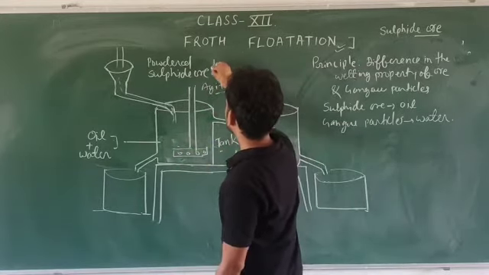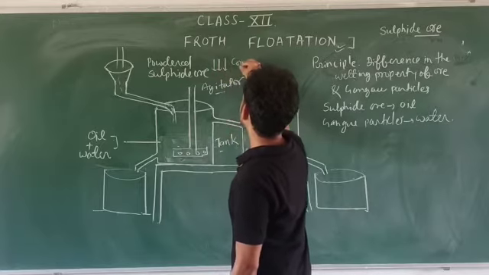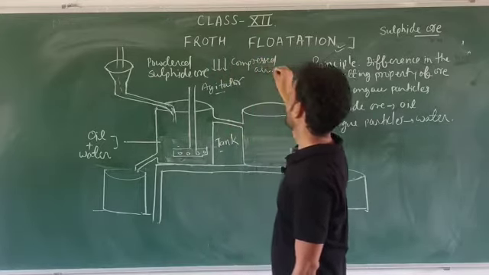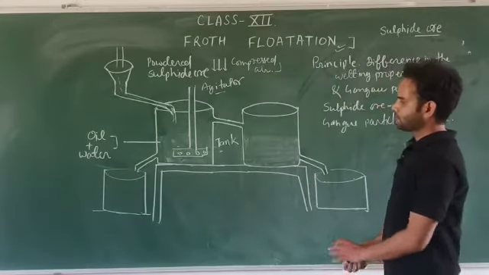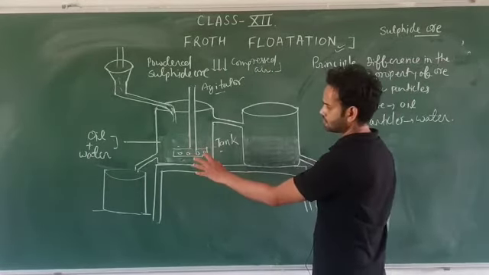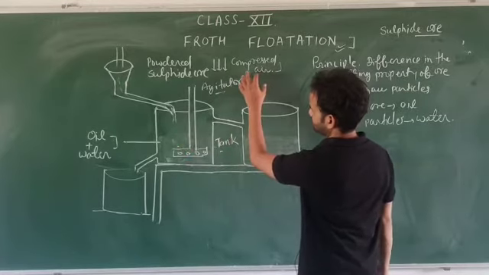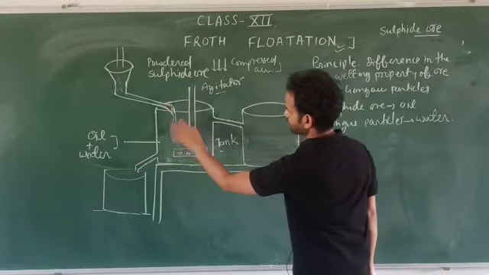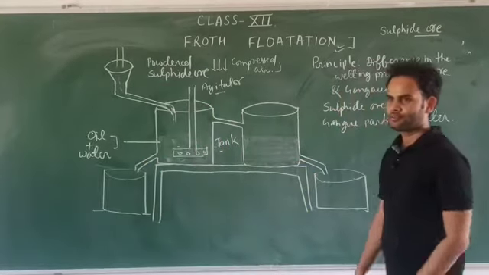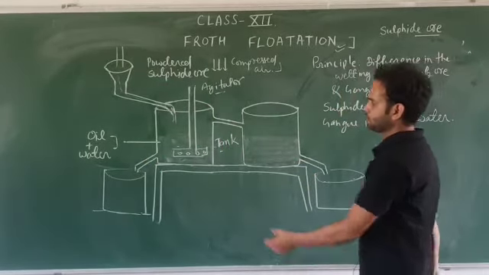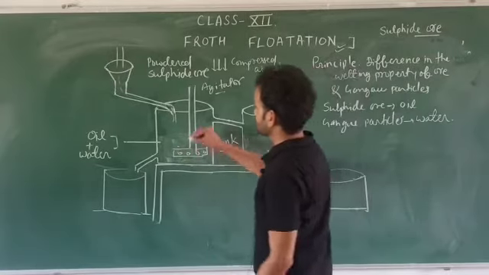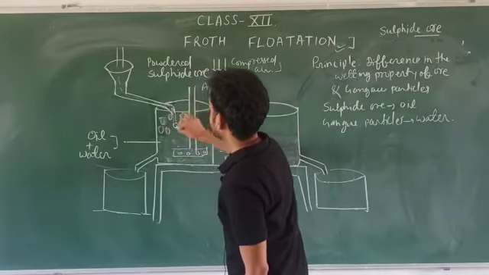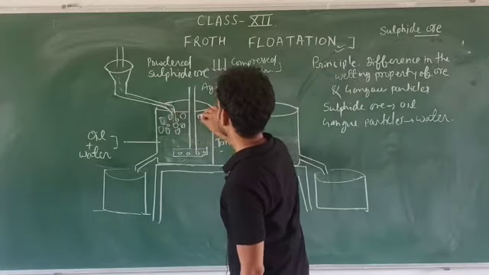After rotating the agitator, there will be a combination of oil, water, sulfide ore and air, and then froth will be forming. When the froth forms, it will start rising up.